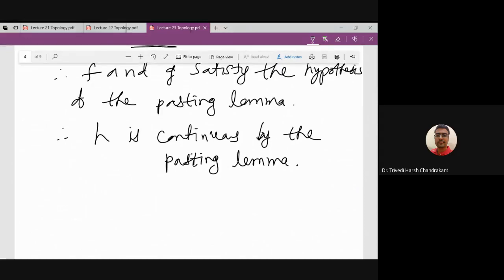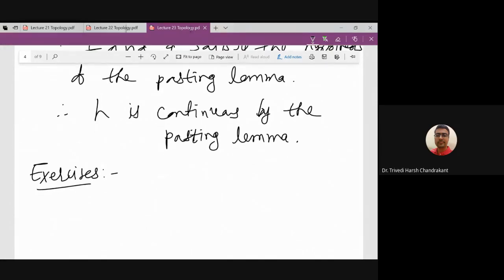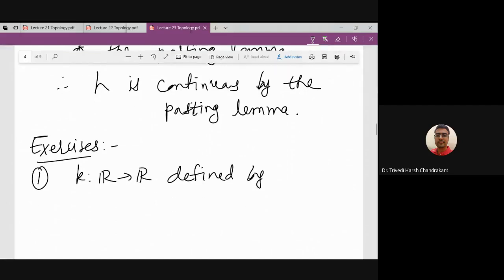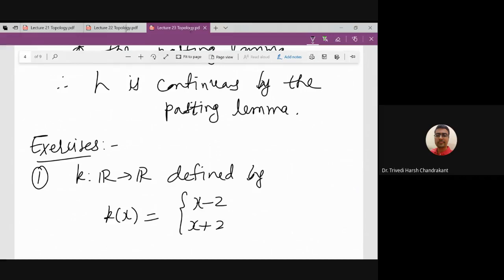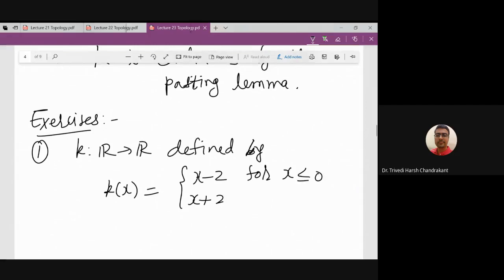Right, so let me give you some exercises which I could not cover in today's lecture. Consider this function K from R to R defined by Kx equal to x minus 2 for x less than or equal to 0, and x plus 2 for x greater than or equal to 0.